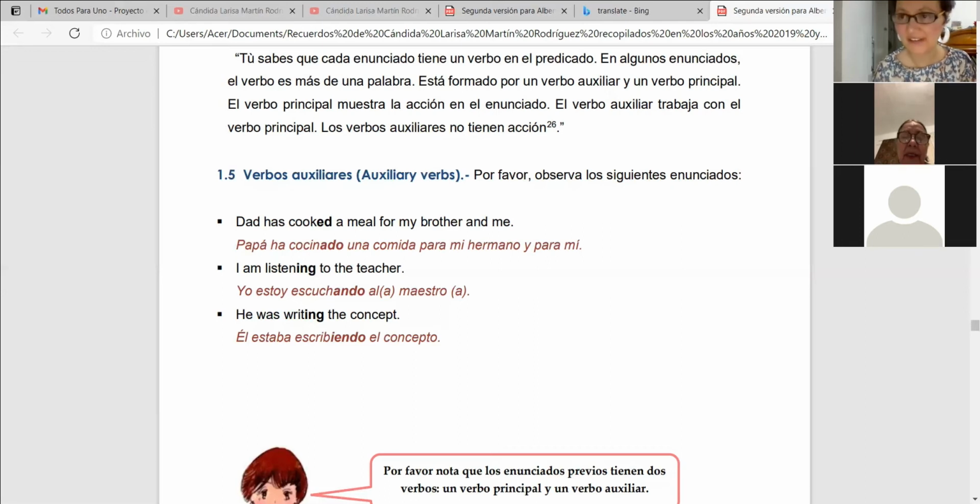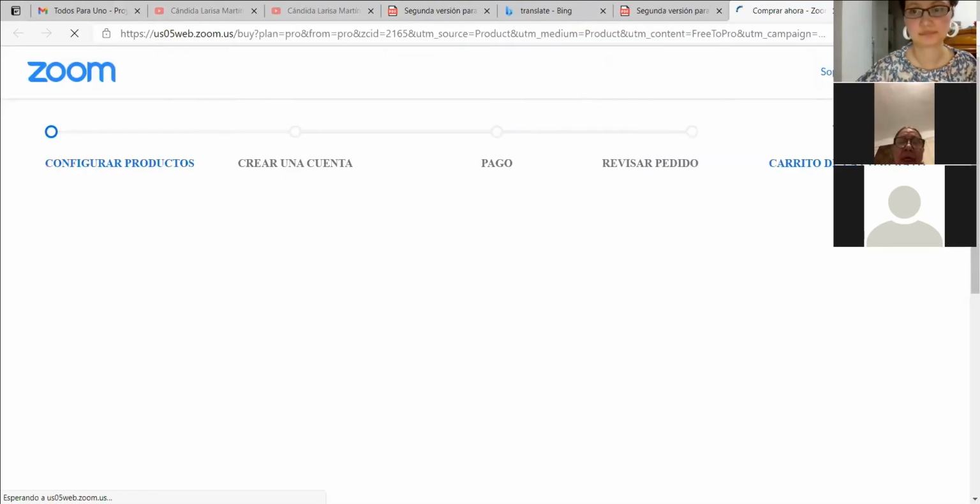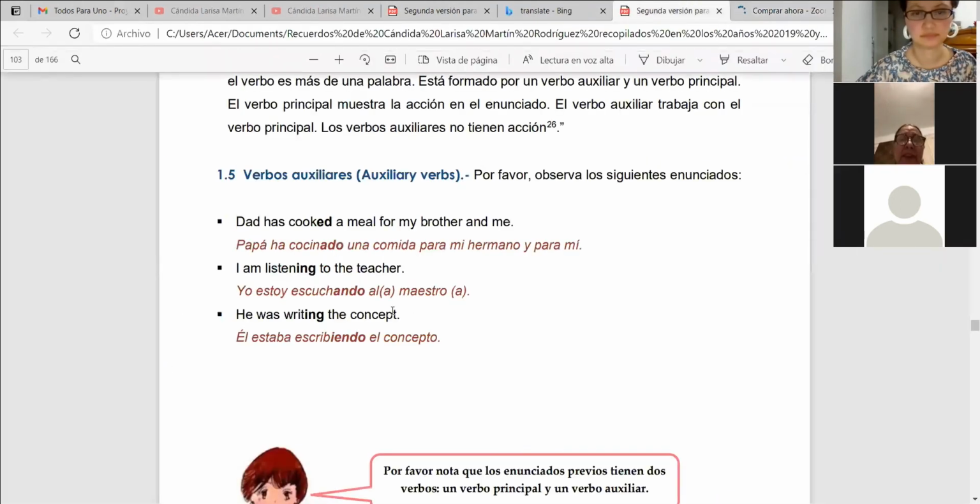El auxiliary también va a ser el verbo to be, I am, you are, he is, y el to be del pasado, que sería was. I was. Third person.